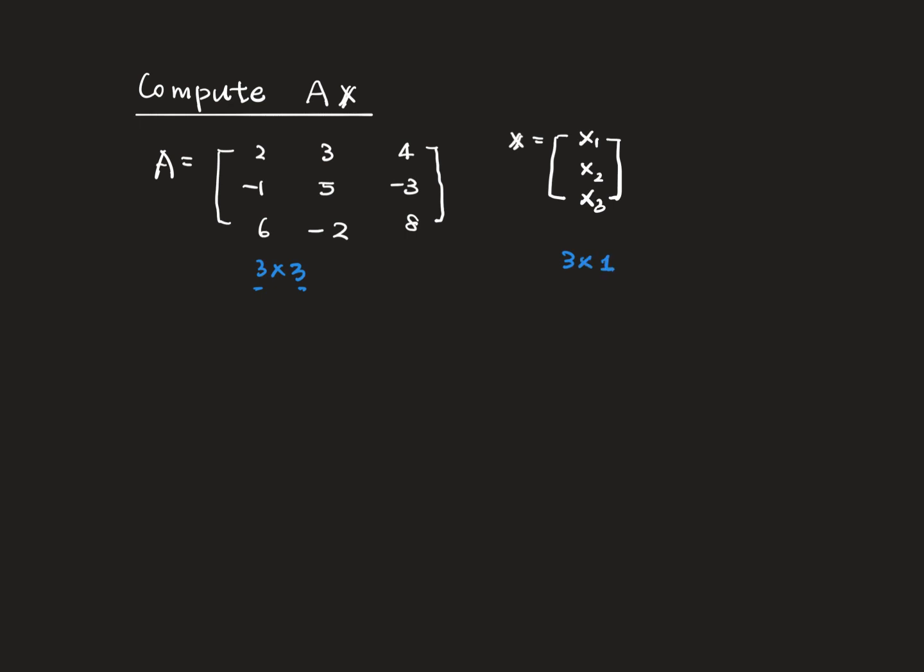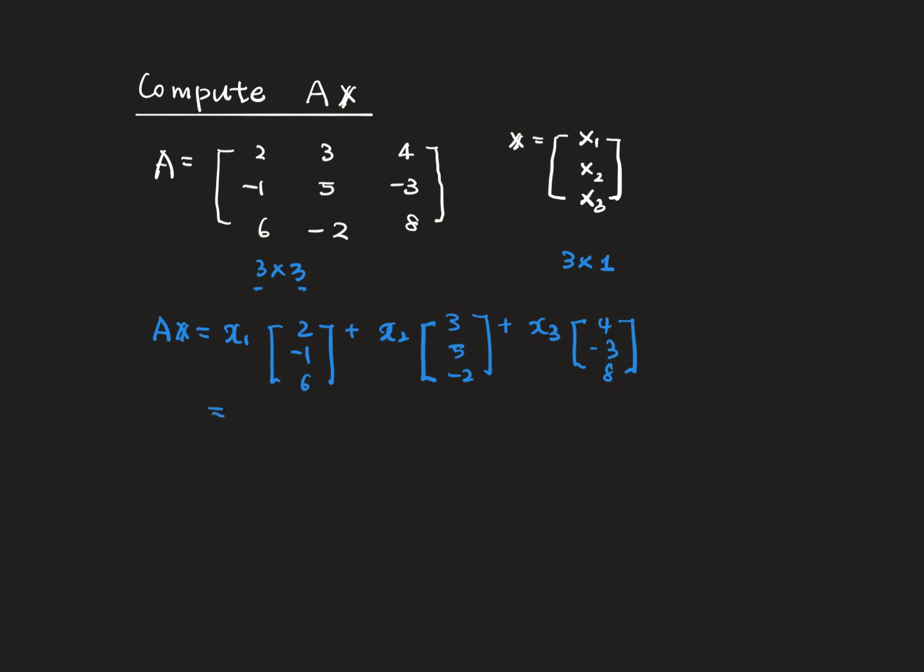In the previous video, we showed how to compute the product of a matrix and vectors: x1 times the first column, 2, negative 1, 6, plus x2 times the second column, 3, 5, negative 2, plus x3 times the third column, 4, negative 3, 8. That's how I compute the product of a matrix and vectors, right?